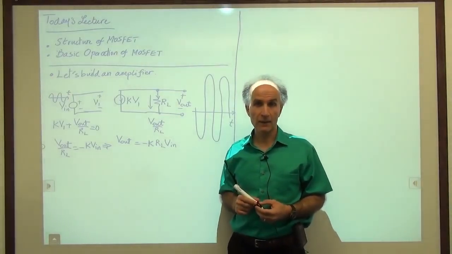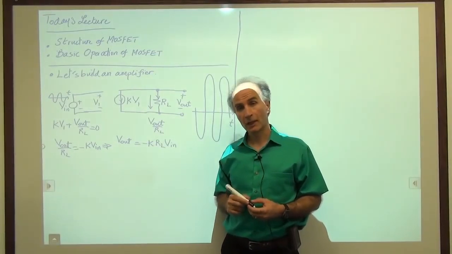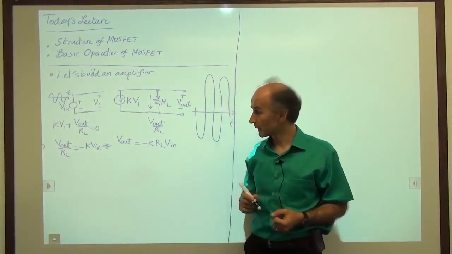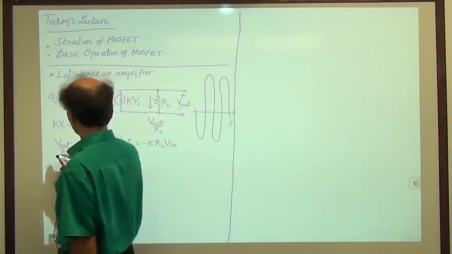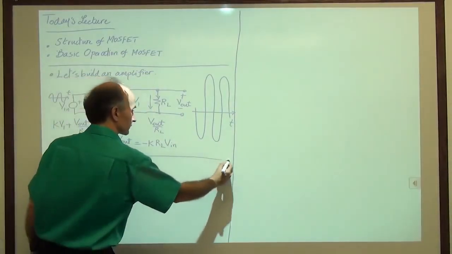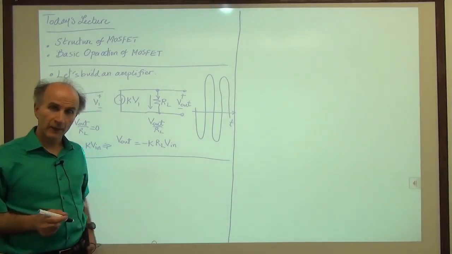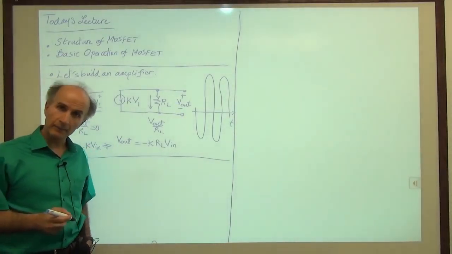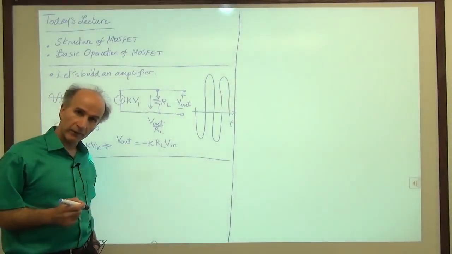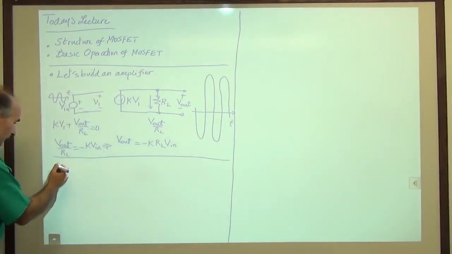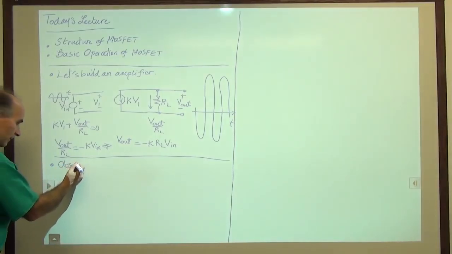And amplification is essential to pretty much any electronic circuits that we build. All right, so far so good. Now, before we introduce the MOS device itself, let's go and look at something much simpler, just to get our feet wet, and then we go to the MOS device. So here, I would like to make a simple observation.